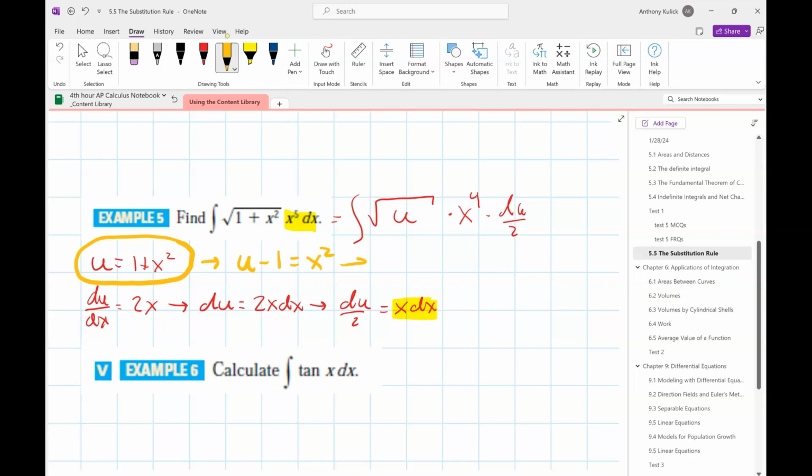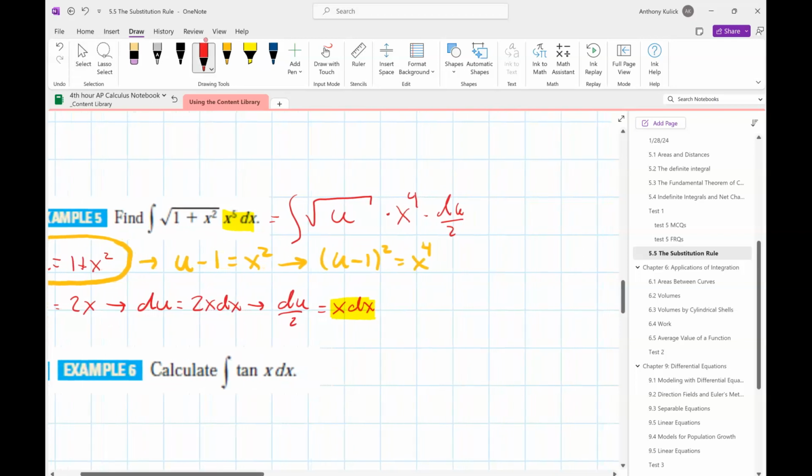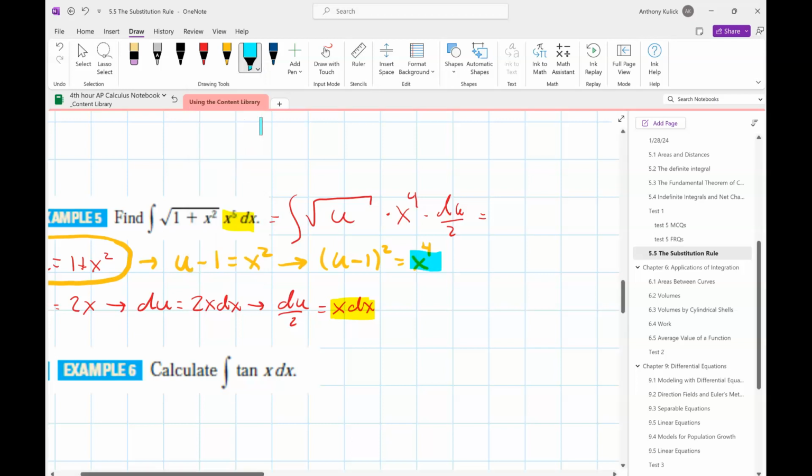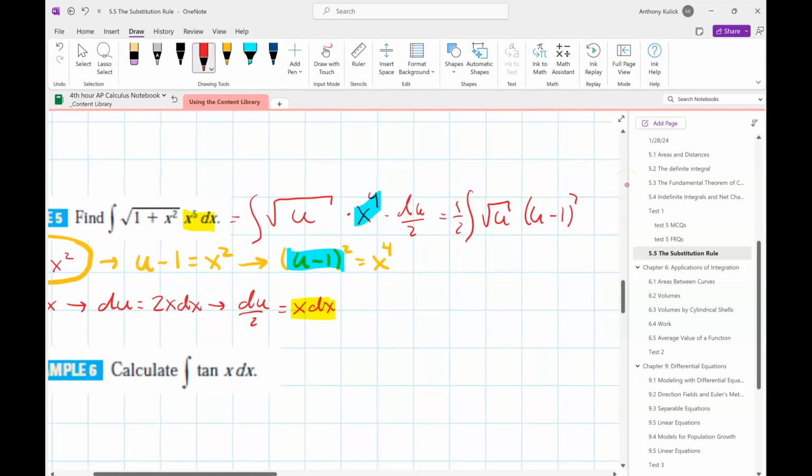And if I square both sides, u minus 1 squared is x to the 4th, right? And now I'll substitute that in there. And now we're going to be good to go because now we have just u's.